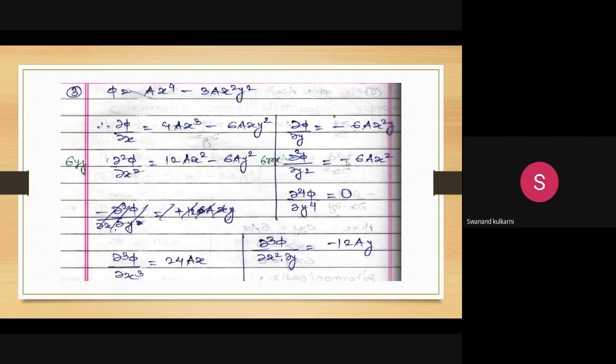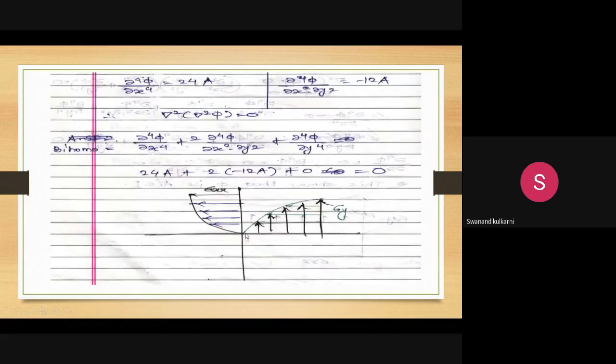So first of all, if x is equal to 1, then minus 6a. If it is 2, then 4 into 6, that is minus 24a. Then for 3, 9 into 6, that is minus 54a, like this. This is going to change in the negative direction.